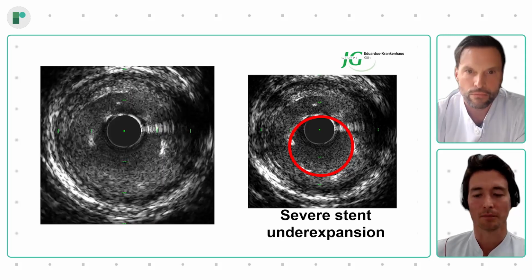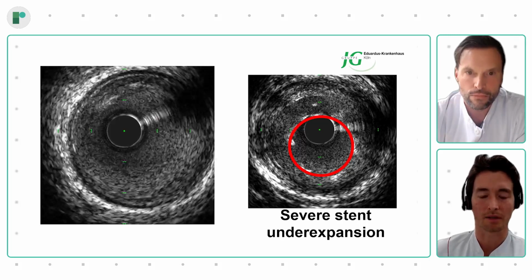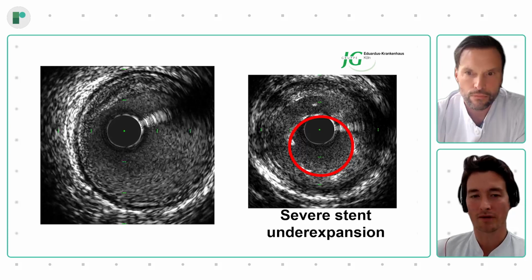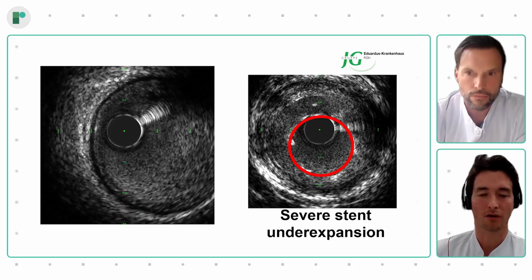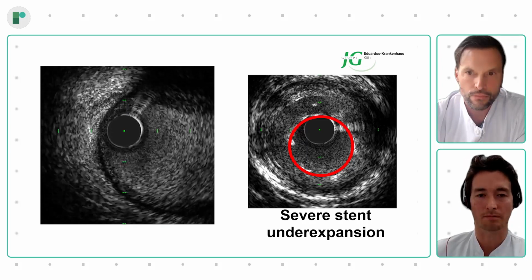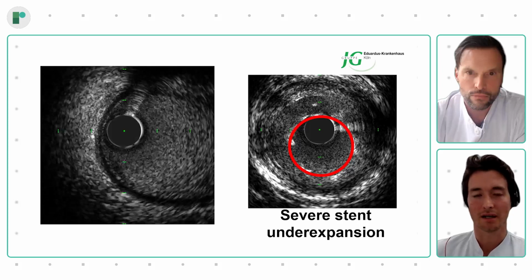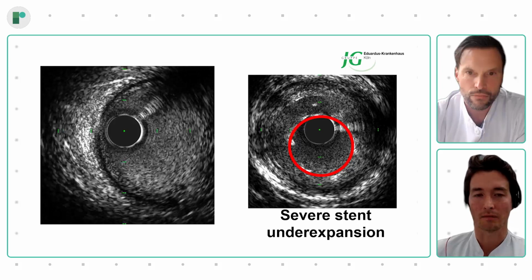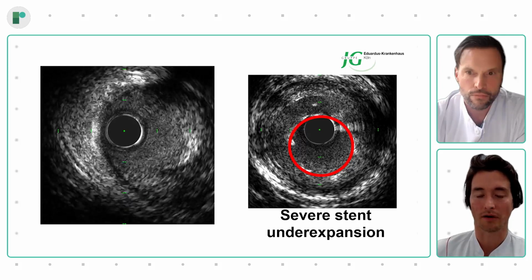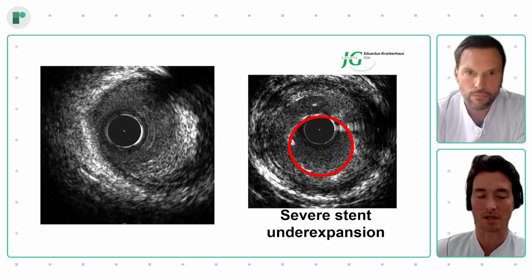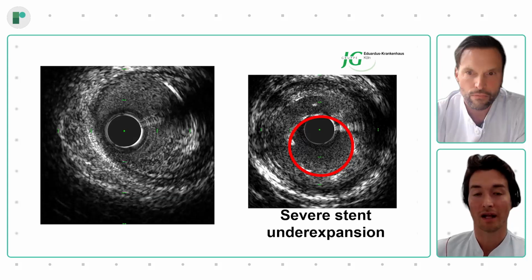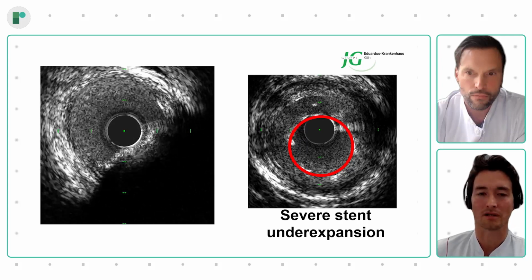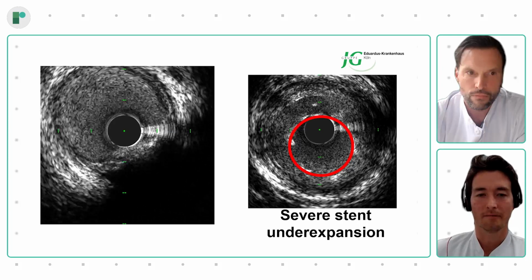I cannot offer you the pictures from the primary PCI, but obviously with angiography-guided PCI, this patient has been treated in a completely inadequate way, with a very severe stent malapposition, and IVUS would have helped decisively in this non-complex situation.